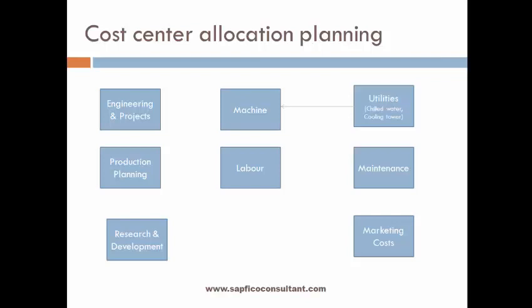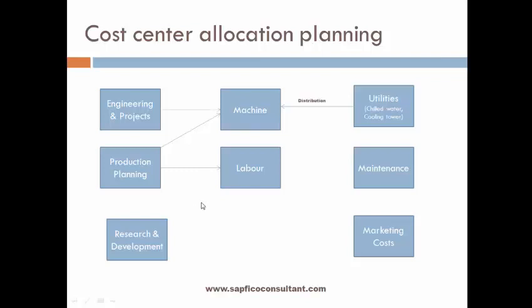The allocation flow typically looks like this. Utilities, which is chilled water, cooling tower, are allocating cost to machine, and let's assume that they are allocating it through distribution cycle. Then production planning, which is rendering support functions to machine, is allocating cost to machine and also to labor cost center.